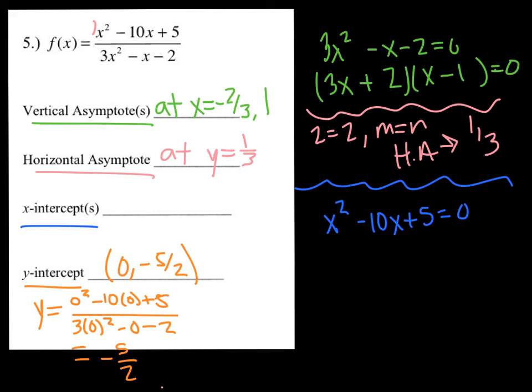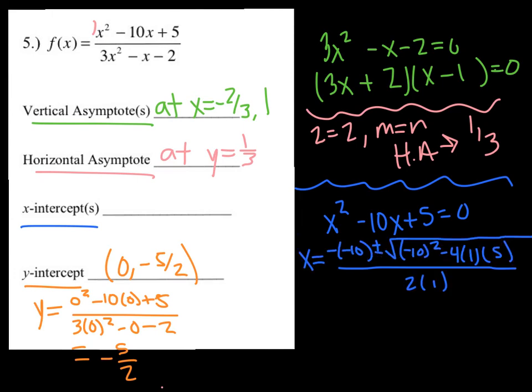So in this case, if you need to use the quadratic formula, which I'm saying we do need to do that, remember what your A, B, and C are and just plug it in. So I just plugged everything in, so I've got negative 10 plus or minus the square root of negative 10 squared minus 4 times 1 times 5 all over 2 times 1.